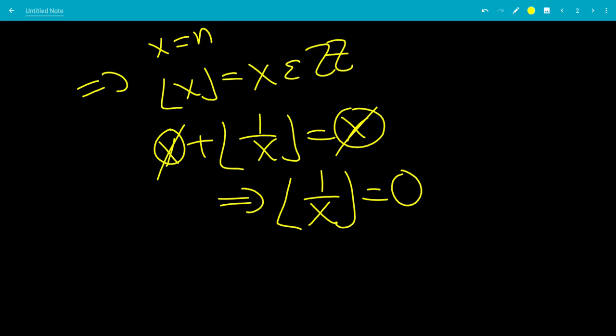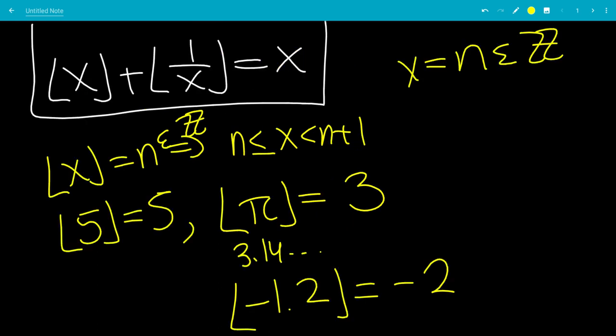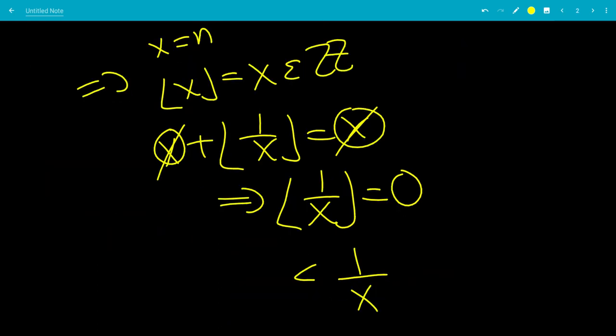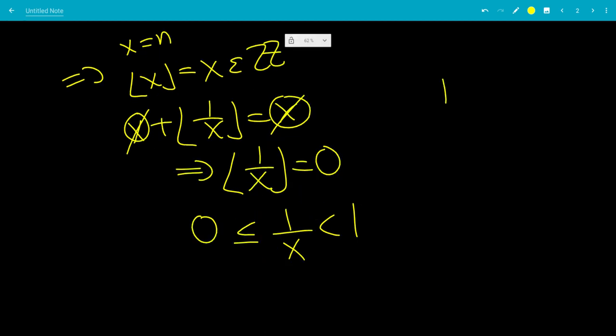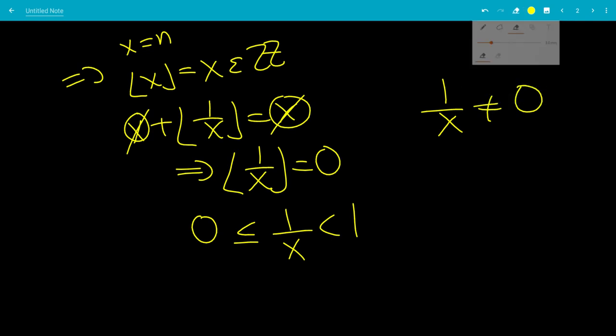So putting this back into the original, floor of x equals n, you get that 0 is less than or equal to 1 over x, which is less than 1. But 1 over x is never equal to 0 because x would have to be infinity, but that's not a number, so we can get rid of the equals sign in the inequality.